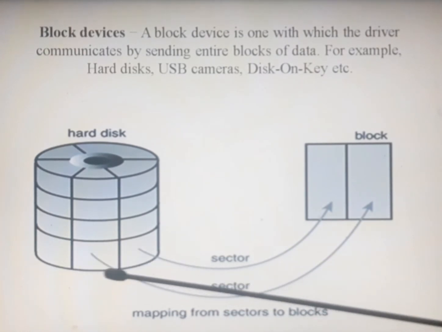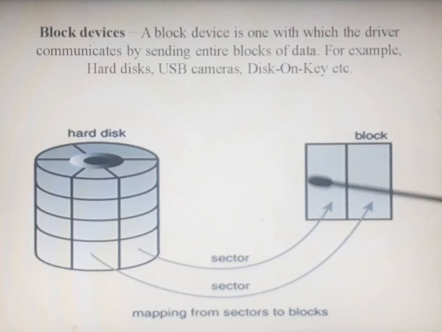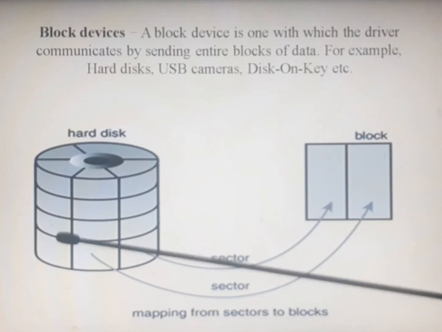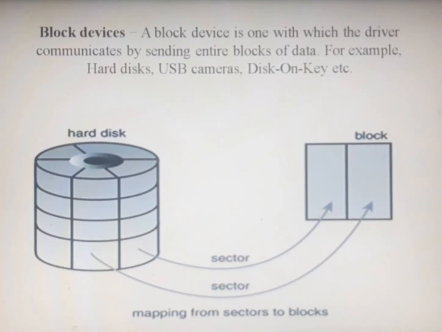In the hard disk, this block is called a sector, and in main memory this block is called a block. So in block devices, a complete set of data is transferred to the main memory. This total sector will be transferred to the block.